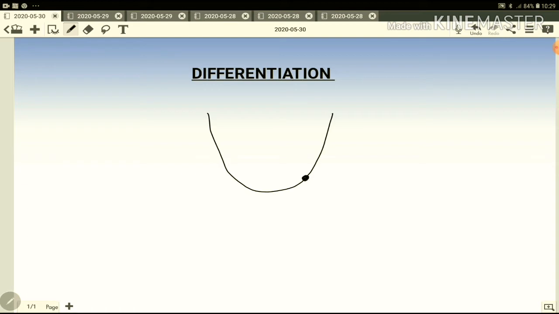I'm just plotting one point. And the gradient of this curve at this point is same as gradient of the tangent. Let me draw a tangent. What is tangent? Tangent is a straight line. Touch one point on a curve, see? And the gradient of a curve at this point, let me call this point A. So gradient of a curve at A is same as gradient of the tangent.